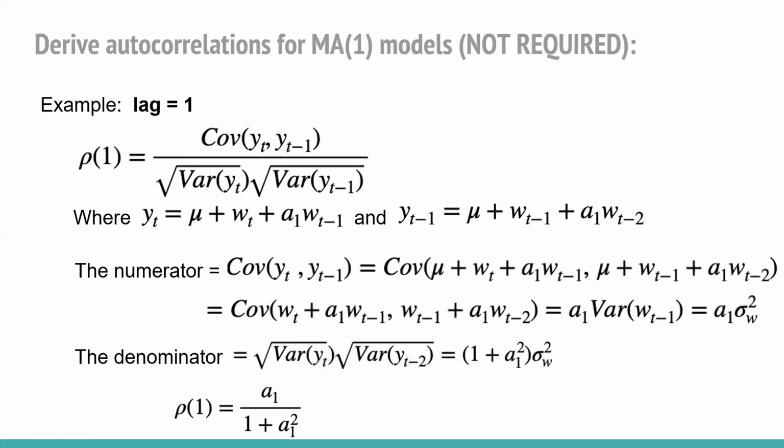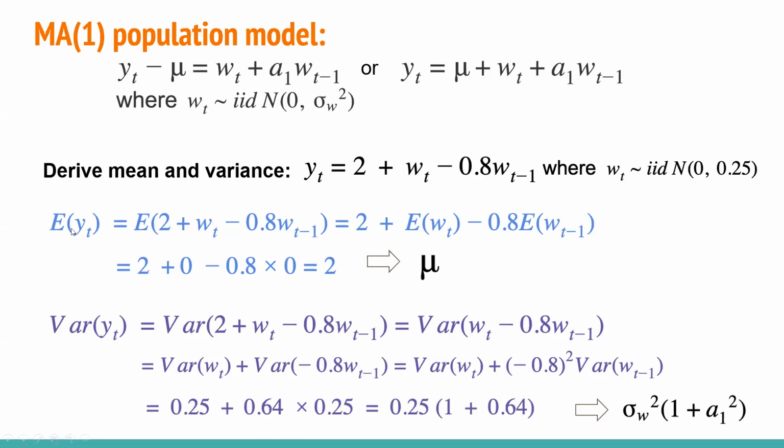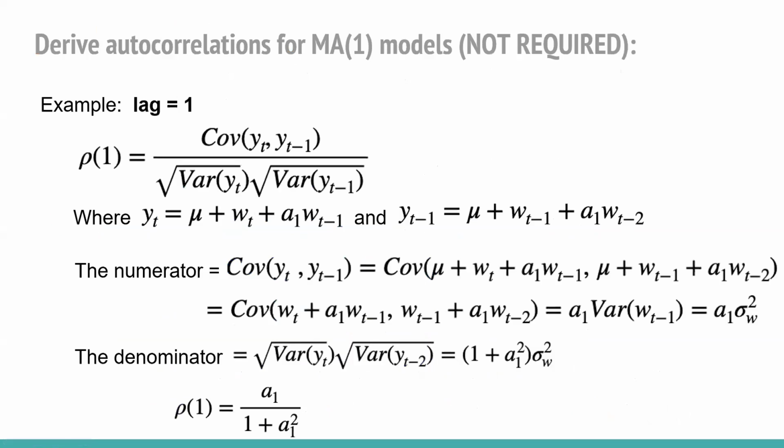Now I've been able to show you how to figure out the mean and how to figure out the variance. The next thing that we want to do is how to obtain the correlation. Why do I need to determine the correlation? Because I will need that for the autocorrelation plots.